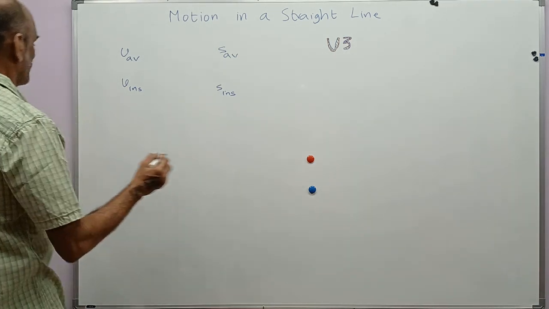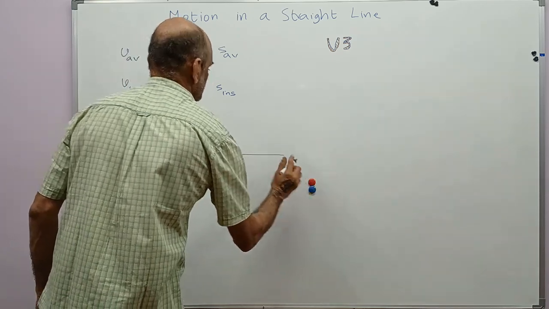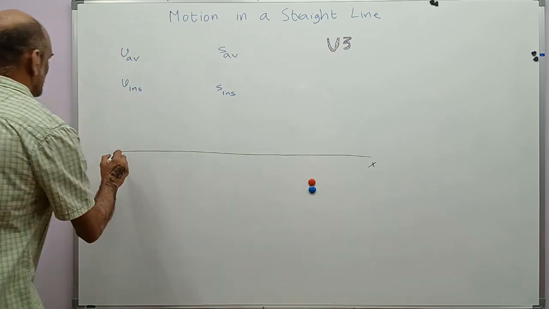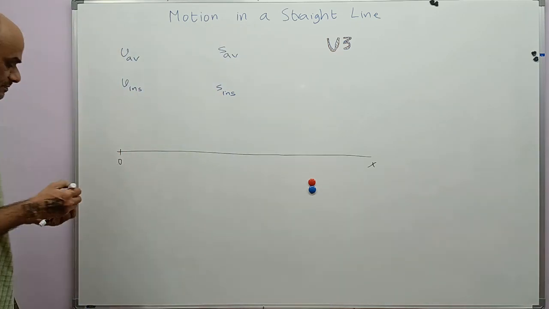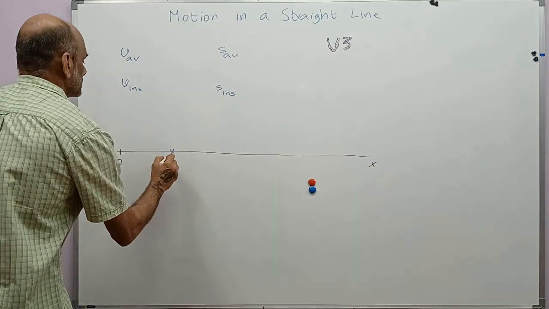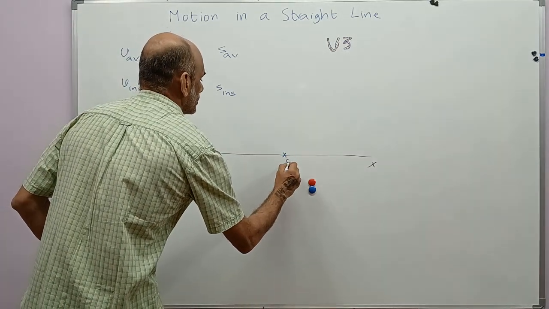Consider this motion along the x-axis. The origin is here. The body is moving from this initial position to the final position.